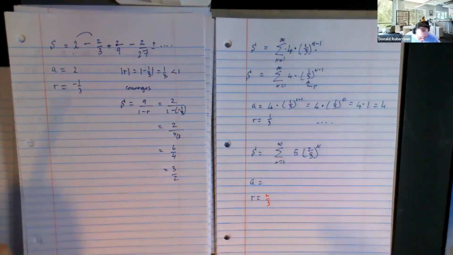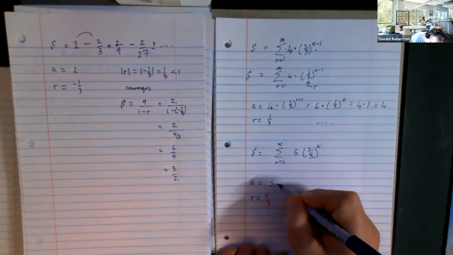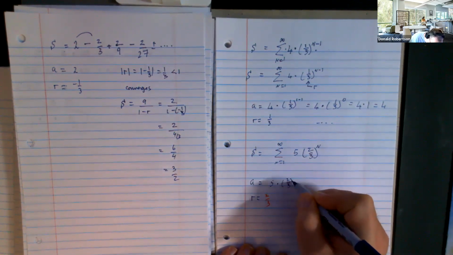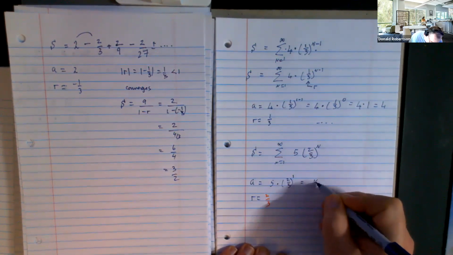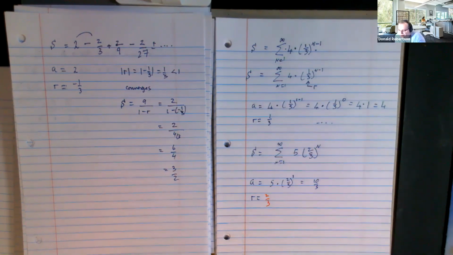Now, A is not 5. A is the first term. Isn't A what you get when n goes 1 in this case? So that's going to be 5 times 2/3 to the 1, which is 10/3. Right, it still converges, right? And you should be able to find out what it converges to in the usual way.